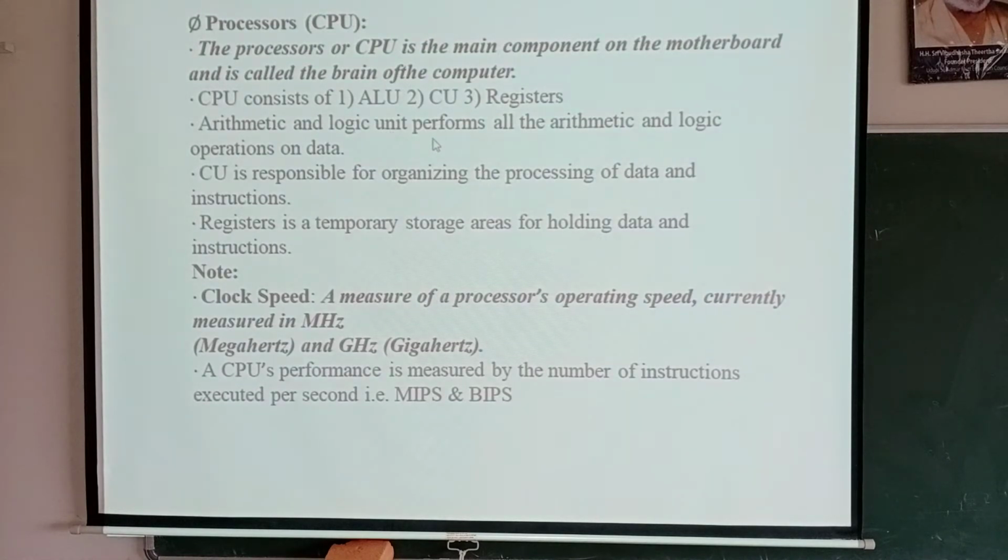It performs all the arithmetic, that is, mathematical calculations like addition, subtraction, division, etc. And logic operations on the data, like true or false, AND, OR, NOT gates. This is related to hardware. When something is on, it is true; off means it is false. So these are all the logic operations on the data.